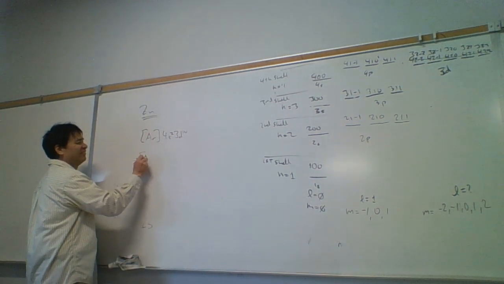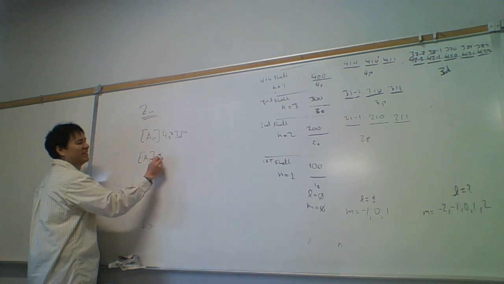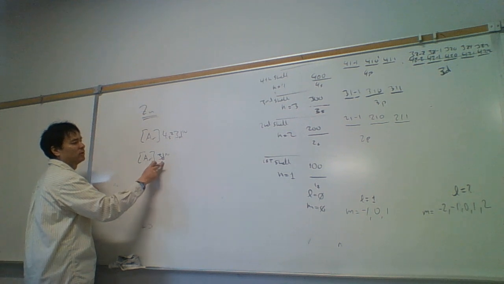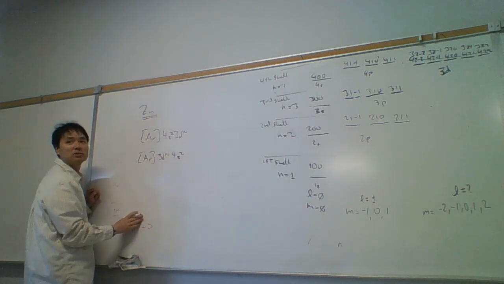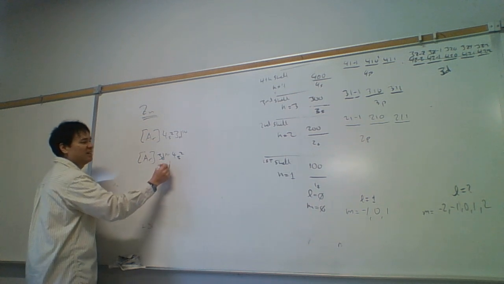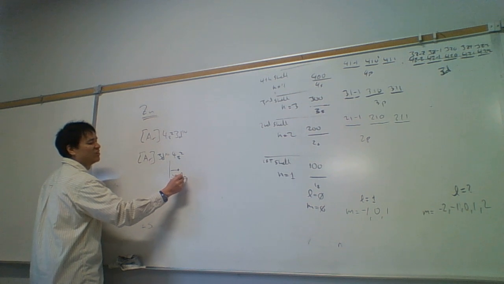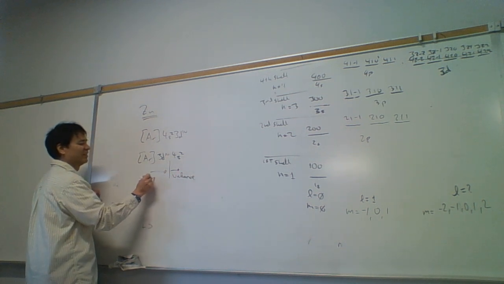And so this is the filling order. We could rearrange this, and when we rearrange this, we go in numerical order. So 3 comes before 4. So it would be 3d10, 4s2. And so zinc has 2 valence electrons, and the rest are core, or inner shell electrons. These will be core.